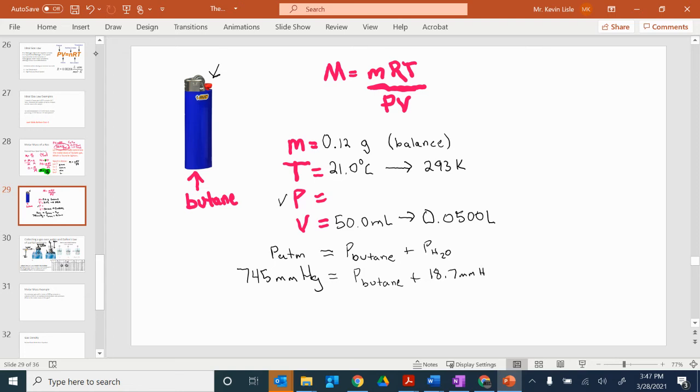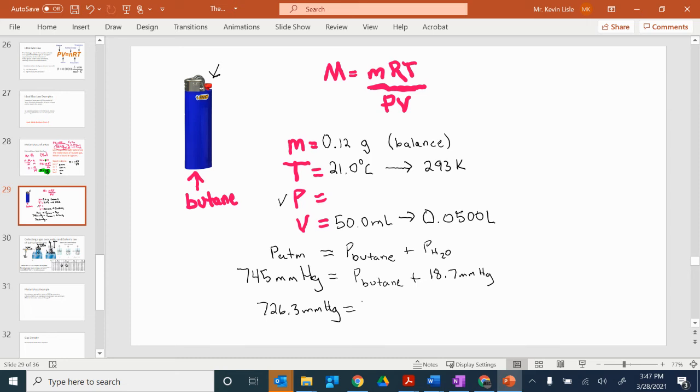So I can find the pressure of the butane just by subtracting 18.7 from the atmospheric pressure of 745. So if I say 745 minus 18.7 equals 726.3. That 726.3 is now the pressure of the butane.